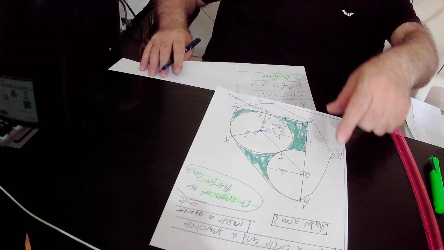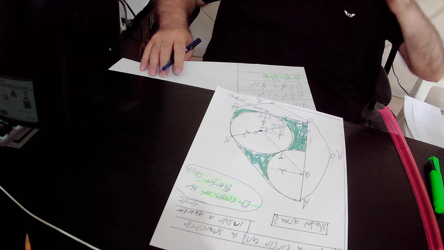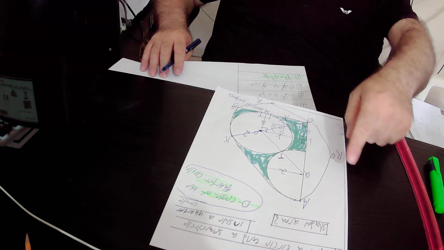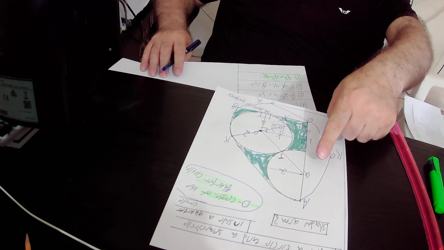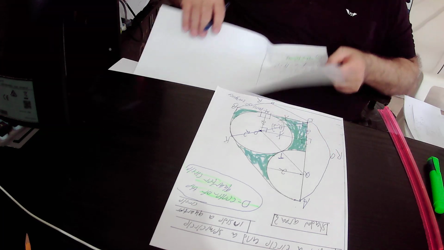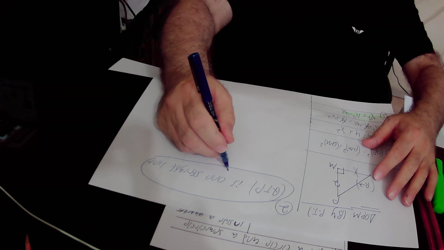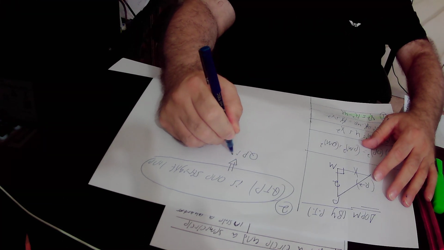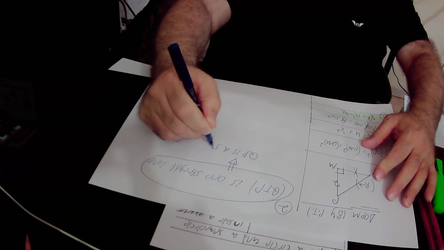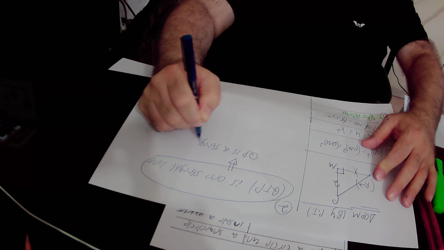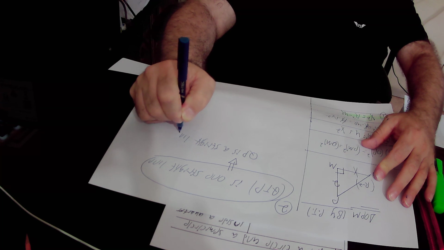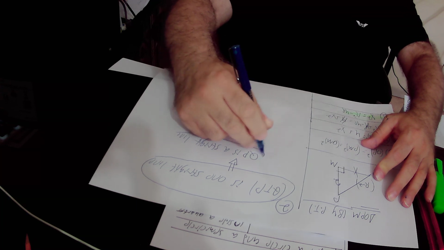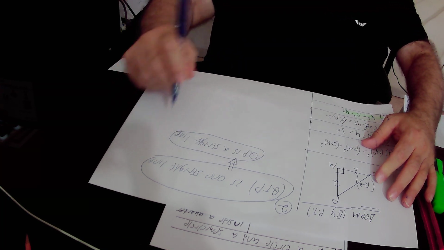This is exactly like saying that QTP is one straight line. So if QTP is one straight line, QP is also a straight line.